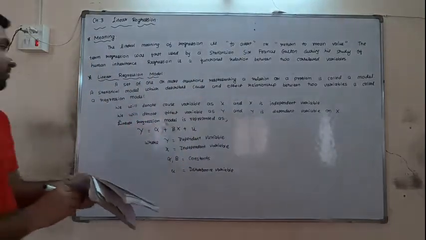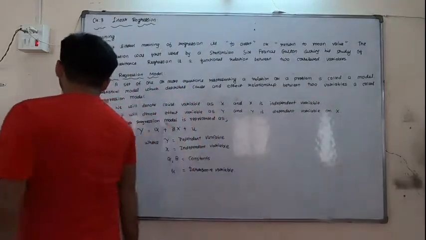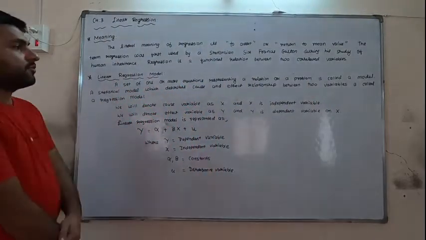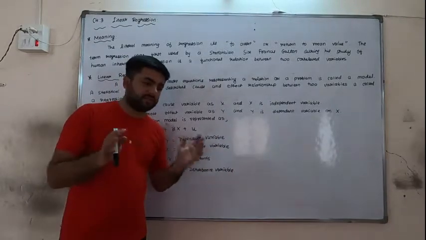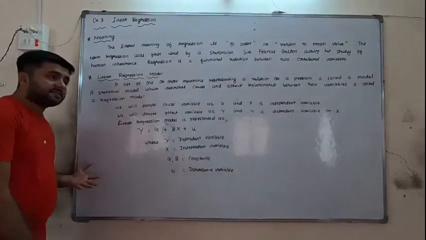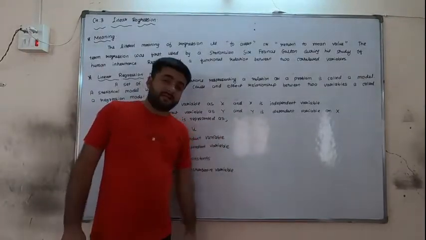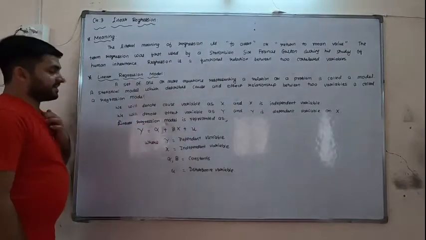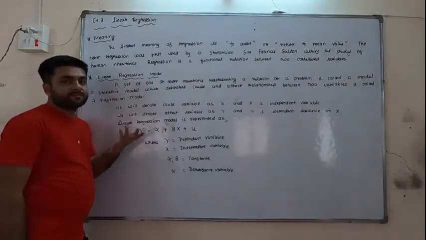So friends, this is about the linear regression model. What we have written: a set of one or more equations. See, this equation represents the problem, means you are showing the situation between x and y, that is called a model, and a statistical model which describes cause and effect relationship is a linear regression model, and it can be represented as y. We want to find y on the basis of x.